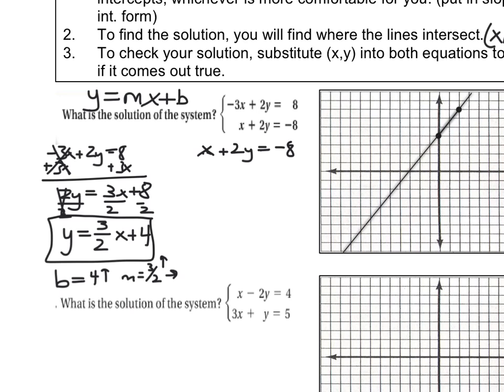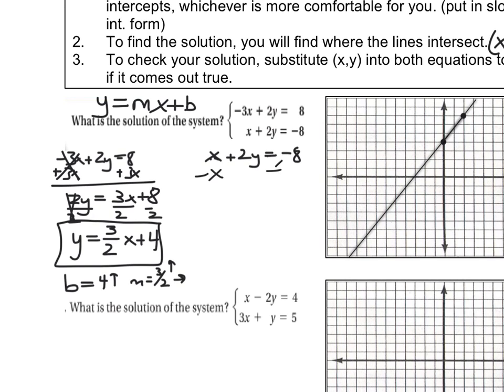Next, again, I want to get y by itself, so I subtract x from both sides. Now 2y equals negative x minus 8. Then I divide everything by 2.